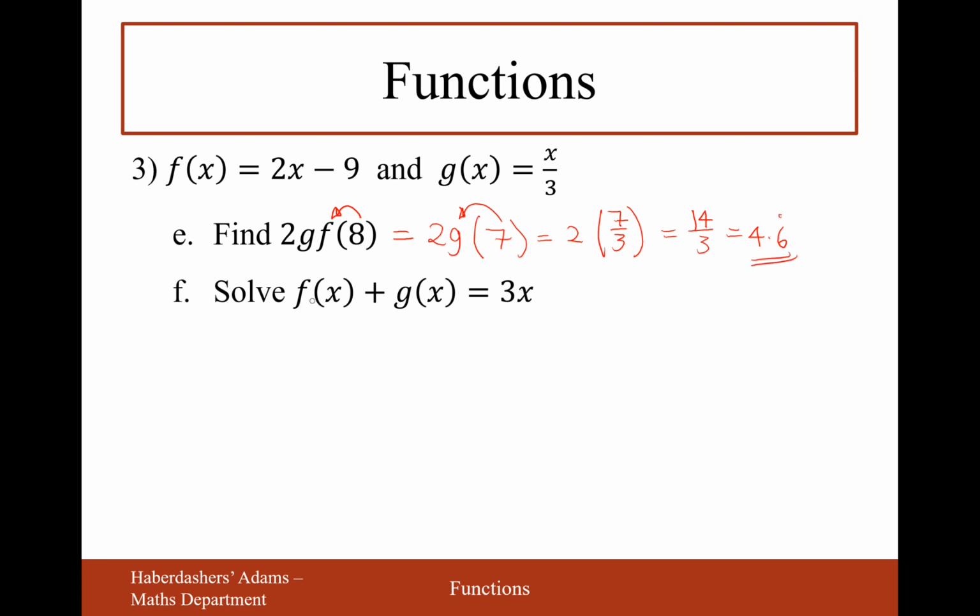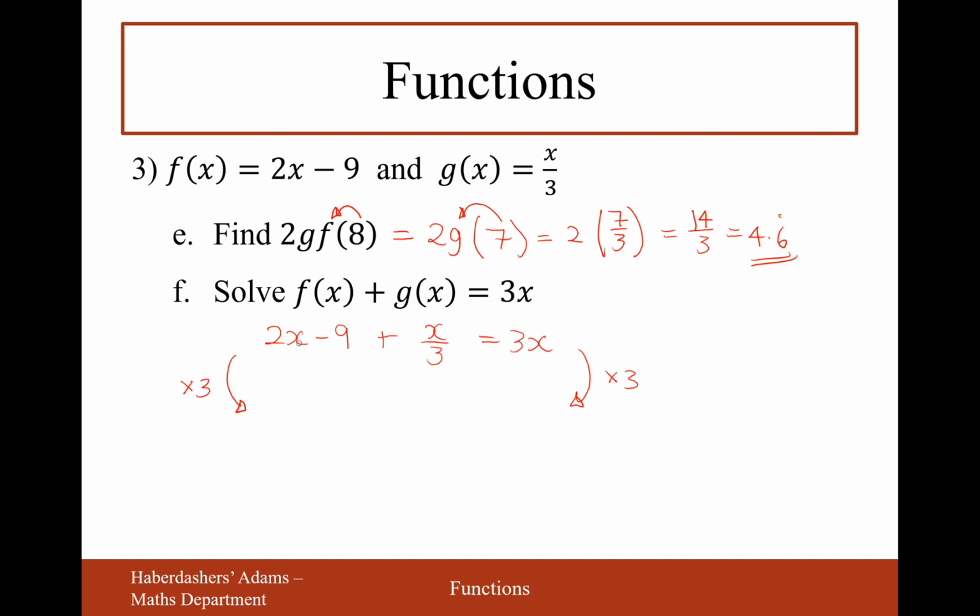And then for part F, we need to do the f function, add the g function, and set it equal to 3x. So let's write that all out. F function first, add g function second, and then equals 3x. Now this one's quite a difficult one. I think what I'll do first here is I'll times every element by 3.